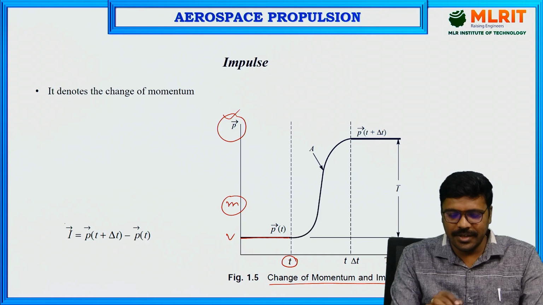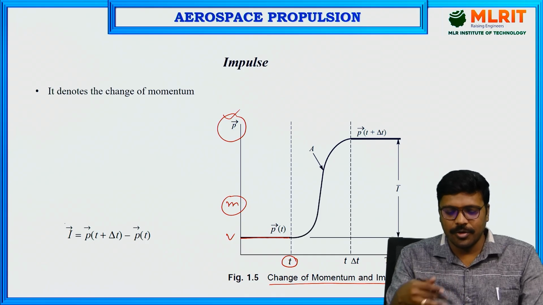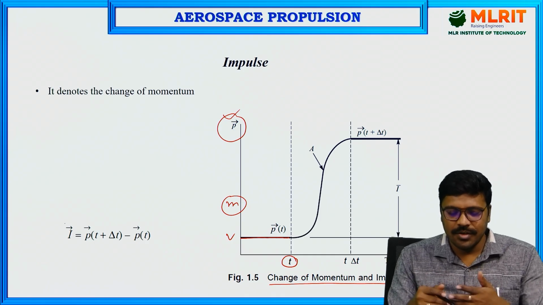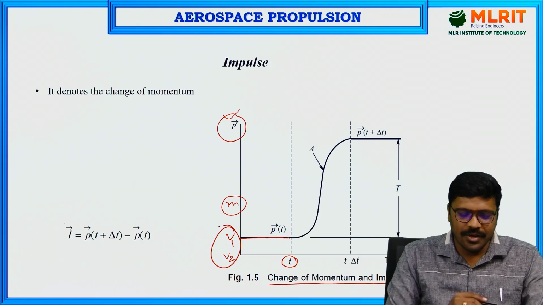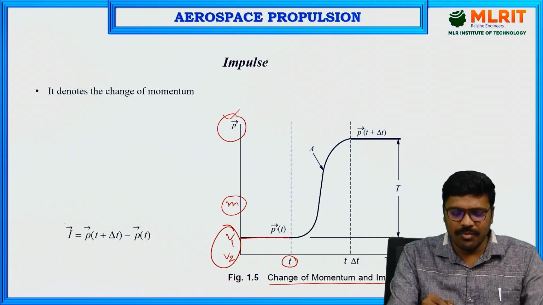After a time t, we applied some external force on the body. What happens is the velocity changes from v1 to v2. So the momentum mv also changes from P of t to P of t plus delta t.